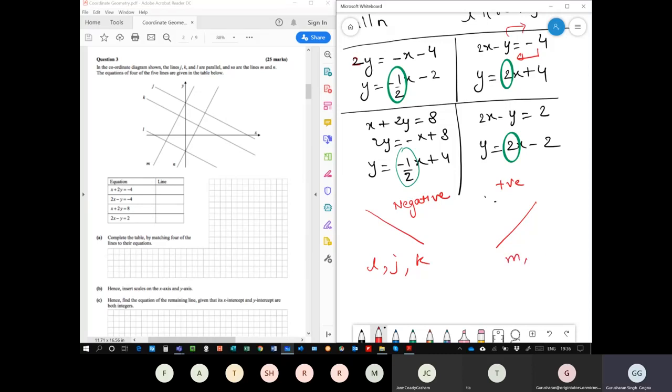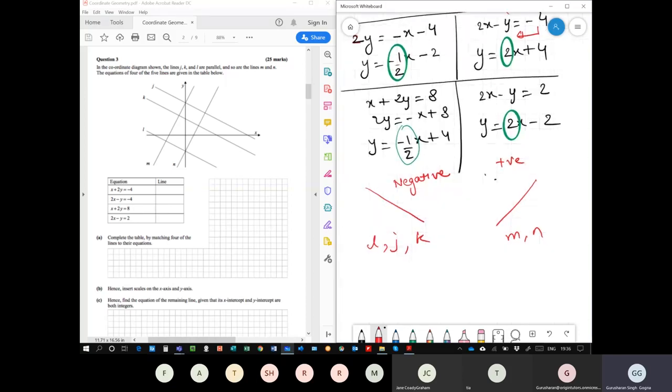And M, N, they have positive slopes. Okay, so that is one thing. So you know that out of L, J, K, these are the two lines which represent either L, J, or K, isn't it? And M and N should be represented by these two lines, which is y is equal to 2x plus 4, y equal to 2x minus 2. Now, but you need to further narrow down. Then you see the intercept here. What is called, what do we call this?